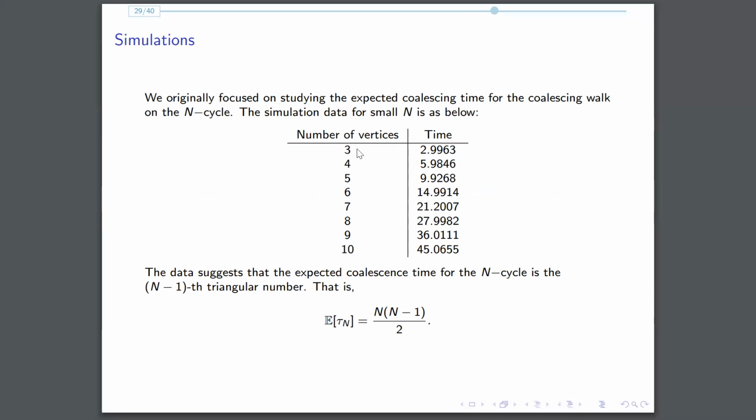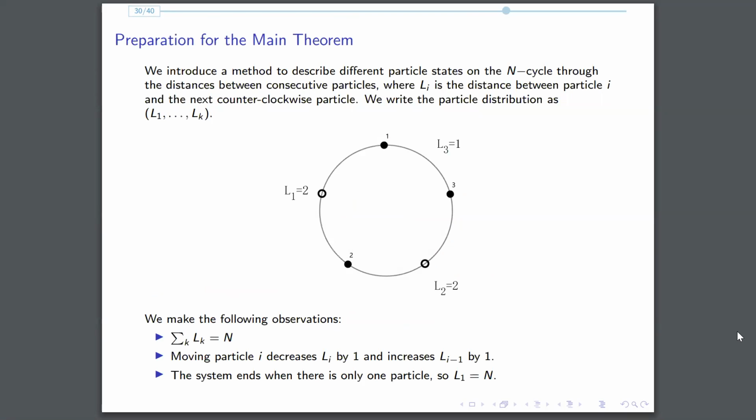Our data suggests that the expectation time follows the pattern of the triangular numbers. In particular, our data suggests that the expected coalescence time for the n-cycle is the (n minus 1)th triangular number. That is, that the expected value of tau_n is equal to n times (n minus 1) over 2. This leads us to our main theorem.